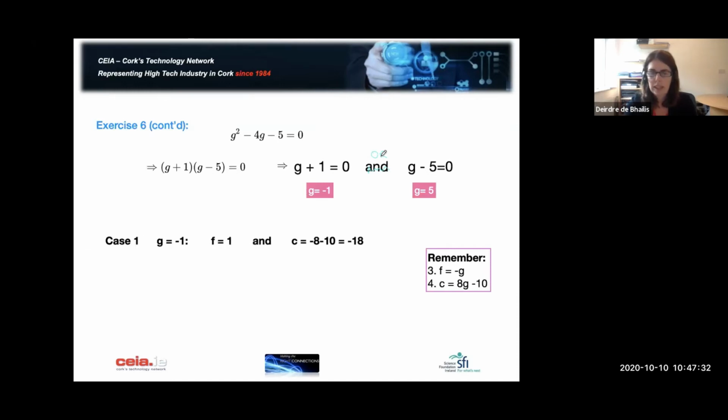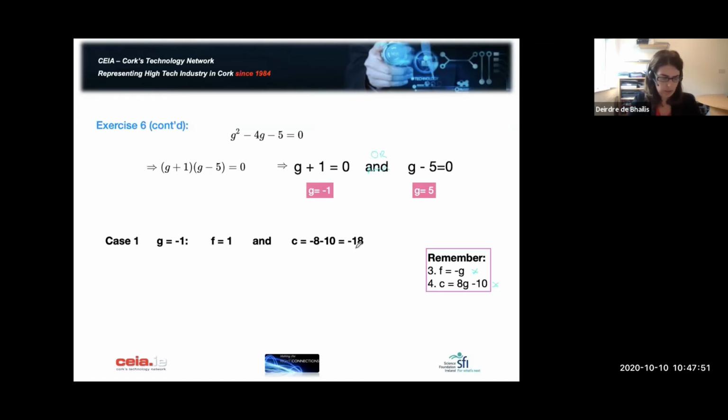So in case 1, when g is equal to minus 1, coming from 3, we know that f would be equal to 1. And coming from 4, we know that c will be minus 18 in that case.